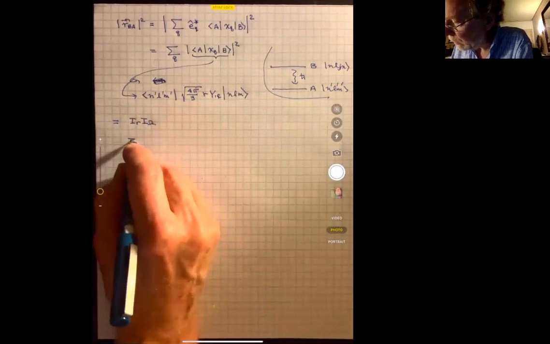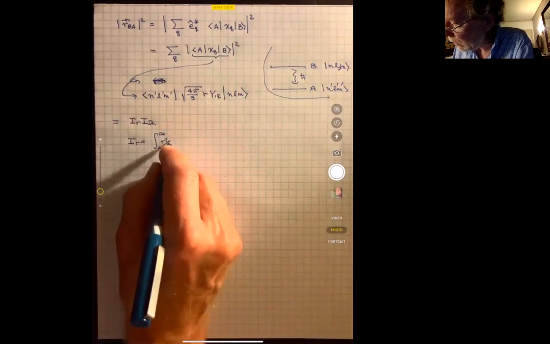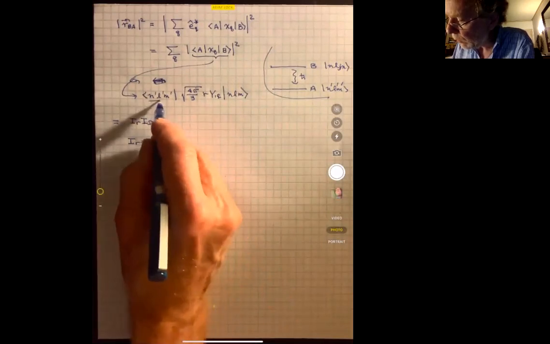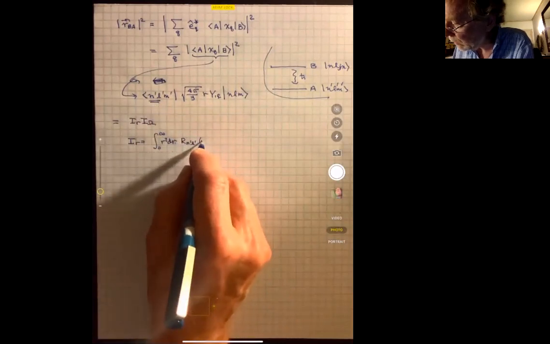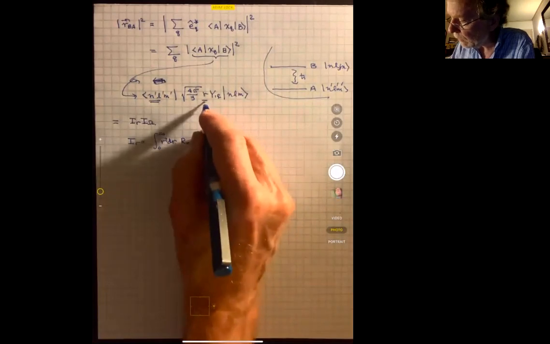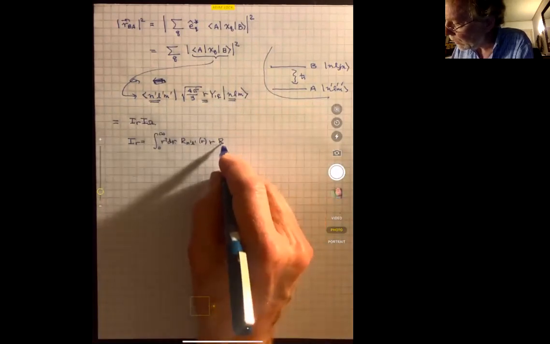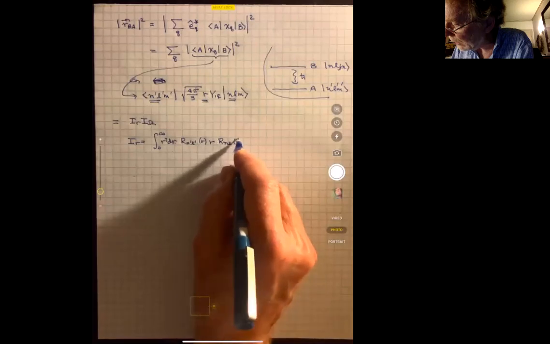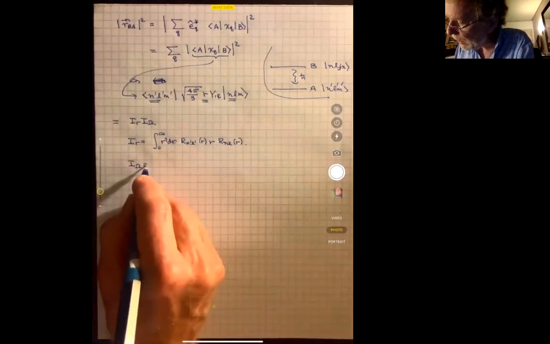And the radial integral is equal to the integral from 0 to infinity of r squared dr. The radial wave function for the state on the left, that's R_n'l'(r). There's a factor of r in the middle. And then there's a radial wave function for the state on the right, R_nl(r), like that. And then the rest of it, what's left over, is the angular integral.